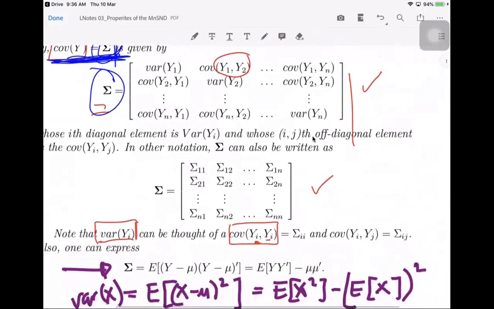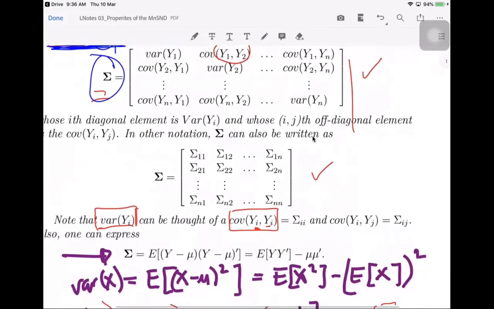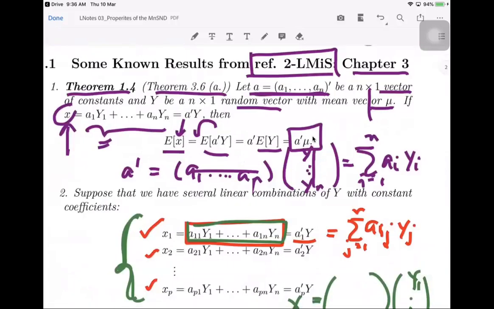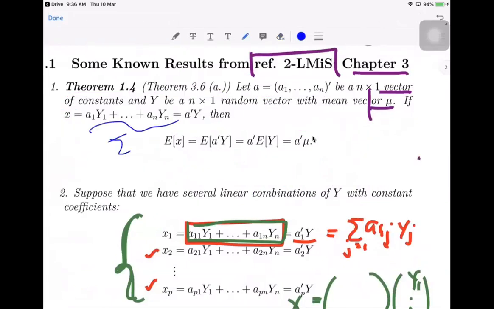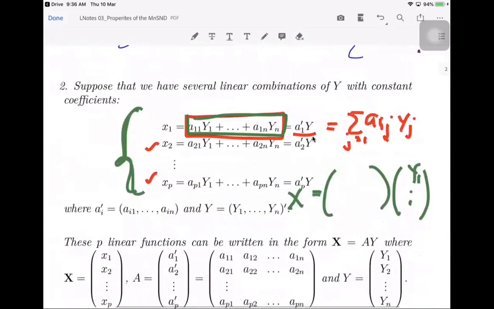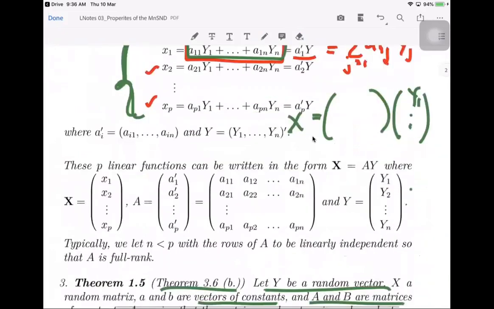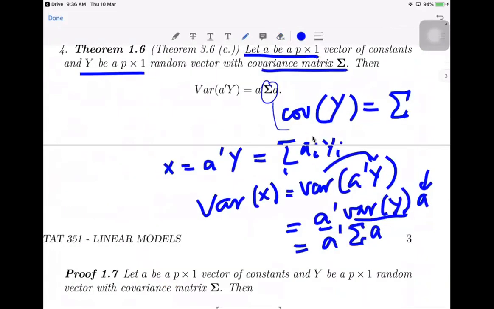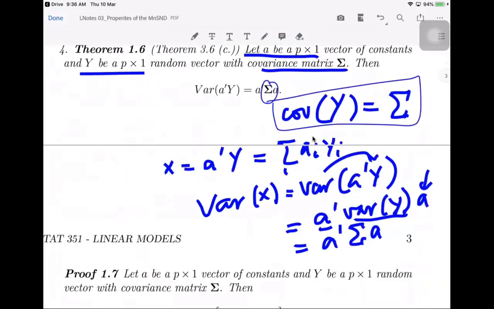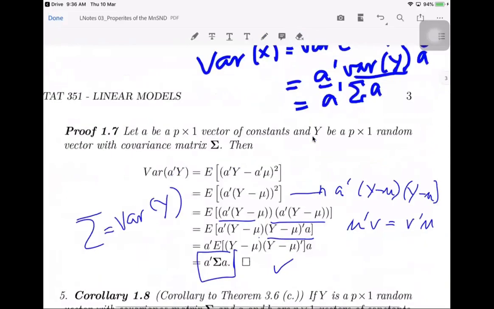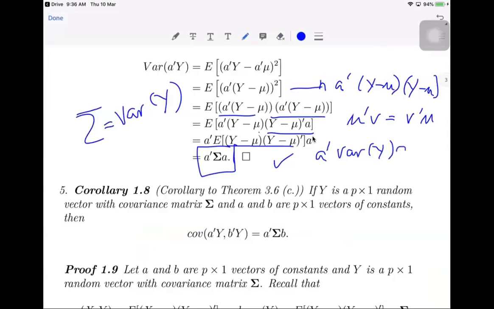Usually I do not use summation here. I did not use it because I am using sigma for the variance, the covariance matrix. Okay? So this notation is not summation but the variance of y. So this is equivalent to a prime variance of y because this is y minus mu, and then a.